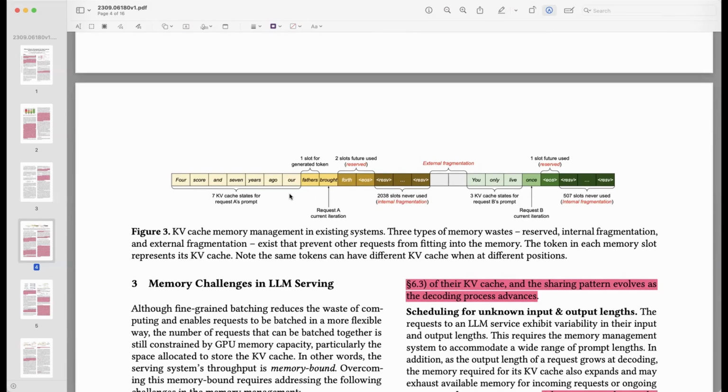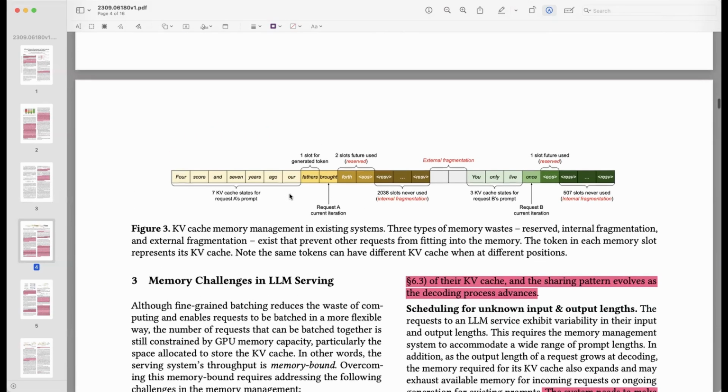There's this example in the paper on page 4. Let's look at just the request A part of it first. Request A is basically your prompt, so these seven KV cache states are your prompt.